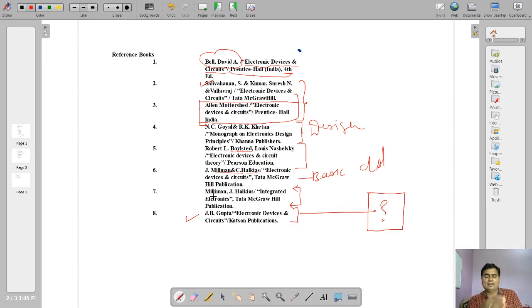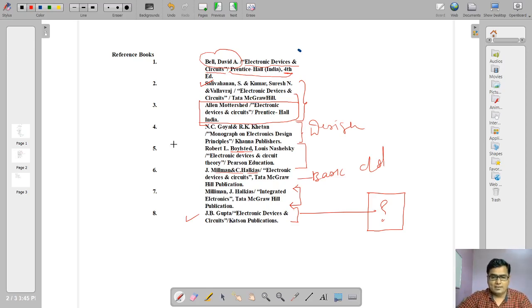So those are the reference books, and all of them are available in our library. Plenty of copies are available. So this is all about the references, the books that you will use in the complete semester.